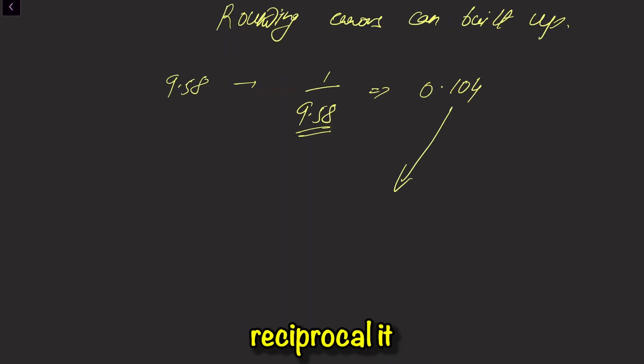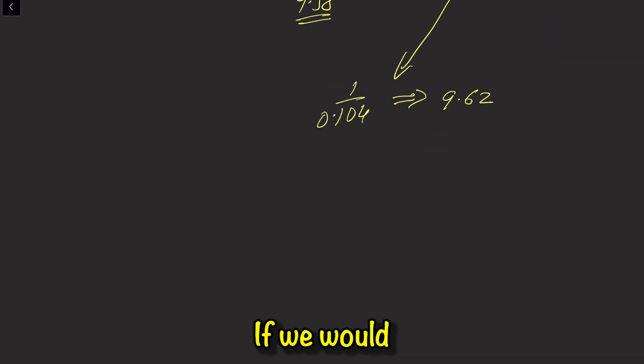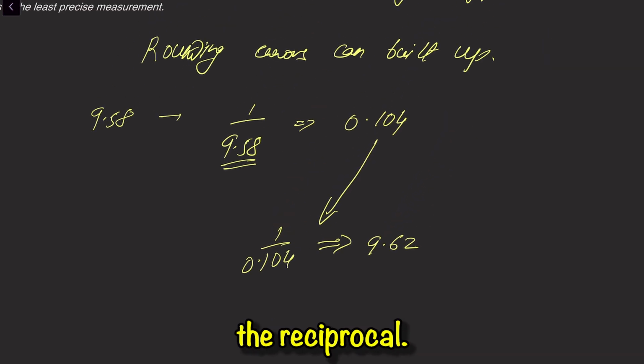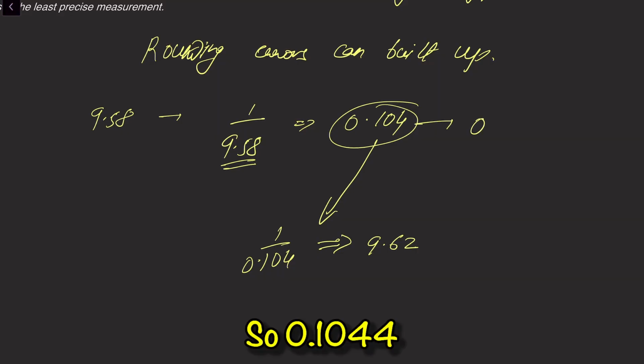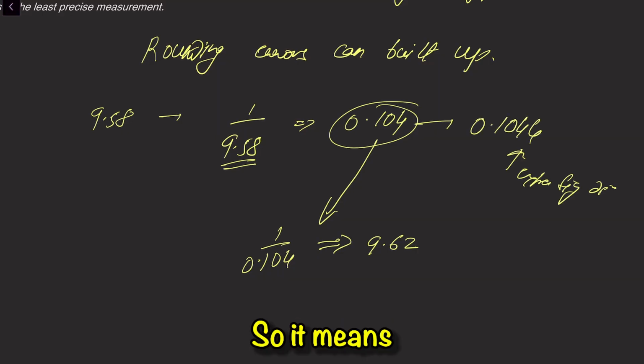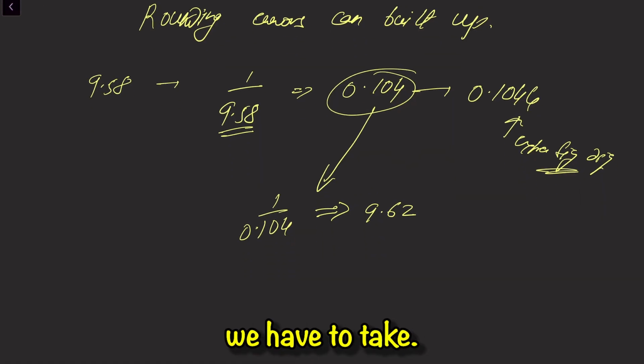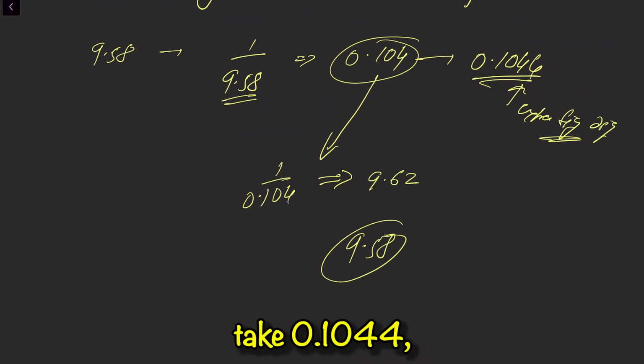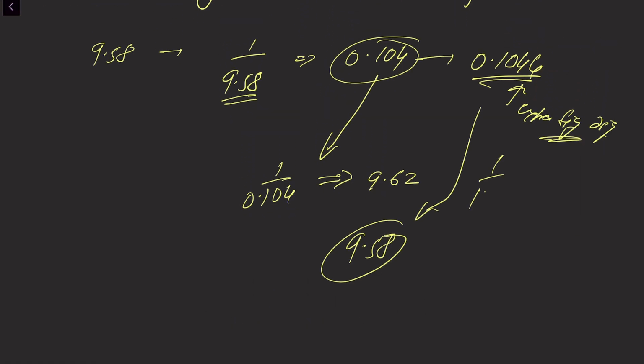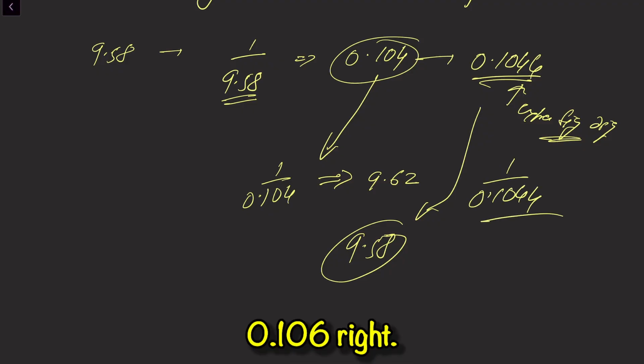But if we again take the reciprocal, how much is it coming? 9.62. If we would have written the reciprocal as 0.1044, one extra significant digit, then we get 9.58 after reciprocating 0.1044, right? So one extra significant digit we have to take during multi-step calculations, right?